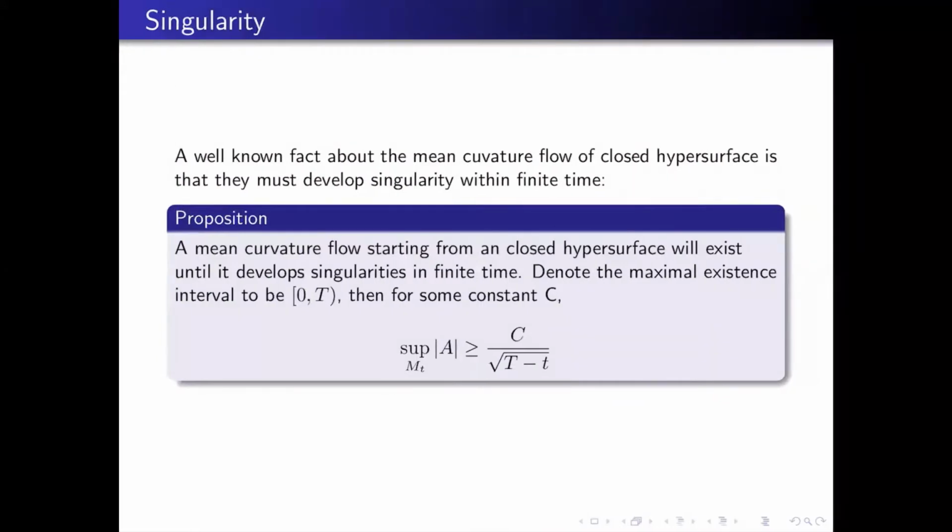So the first thing is the basics of the singularity. It's well known that the singularity must occur within finite time. The reason is that we could construct a sphere that bounds the original surface. And then there is the avoidance principle, which says that if two solutions of the mean curvature flow are disjoint initially, then they keep being disjoint.